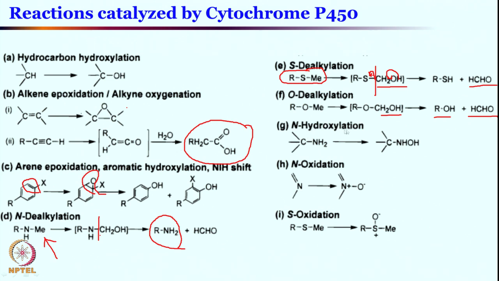In the case of N-hydroxylation, similar chemistry can happen. Once again, one of the H's over here is replaced by OH, that is sp3 C-H replaced by OH. Once again this is sp3 C-H replaced by OH.